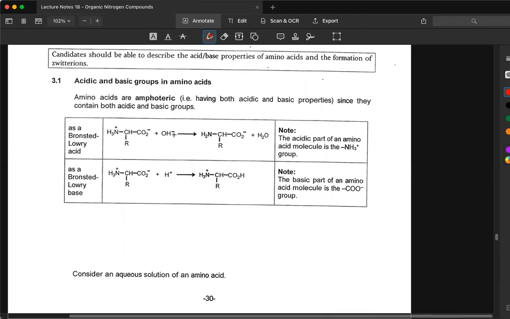So the OH- is protonated; the acid donates a proton.